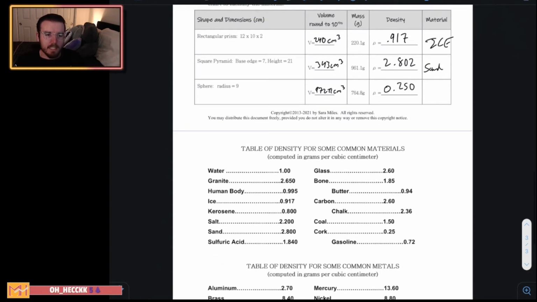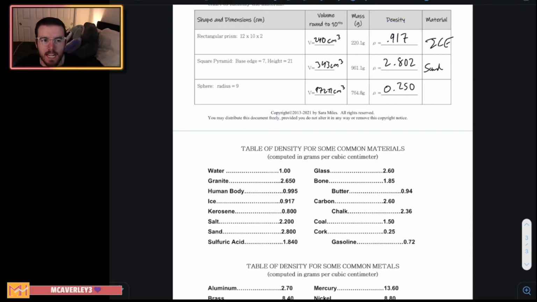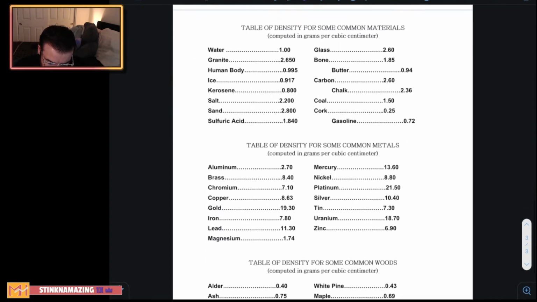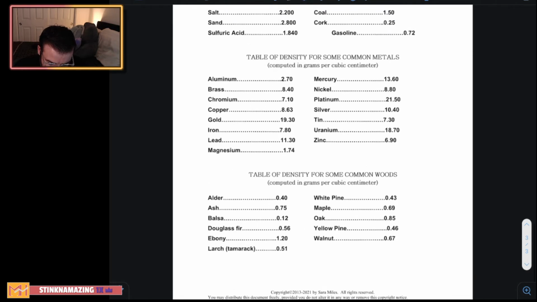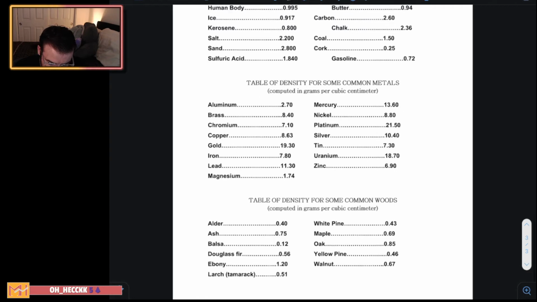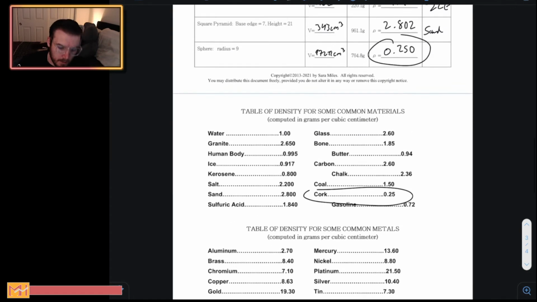You get the point, is that if you know the density of the object, you can cross-reference this table to figure out what it is. So the very last one, what is the sphere? What is this little ball made out of? The density is 0.250. That means it's made out of... I don't see it. Oh, it's a little cork ball.